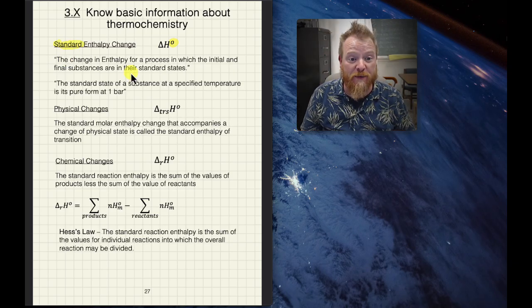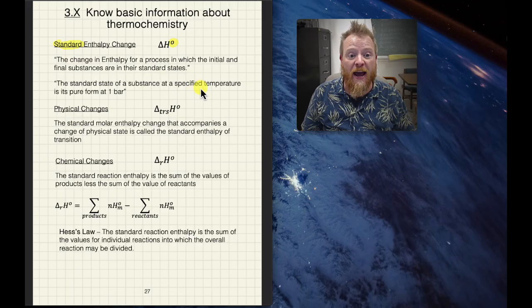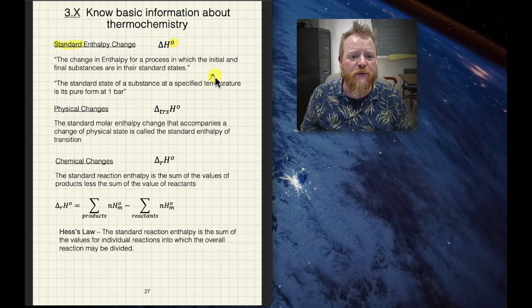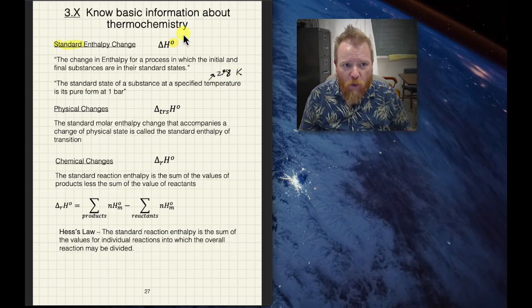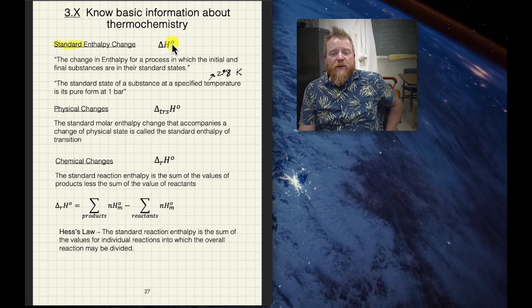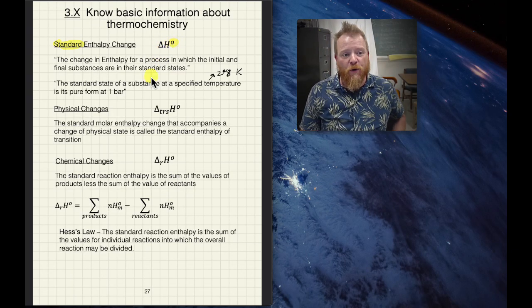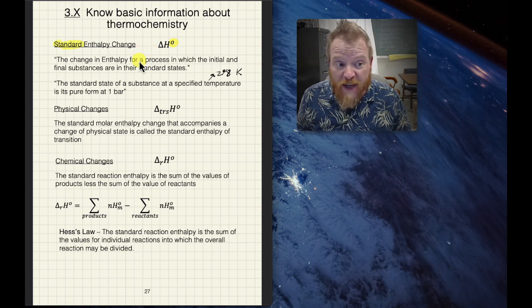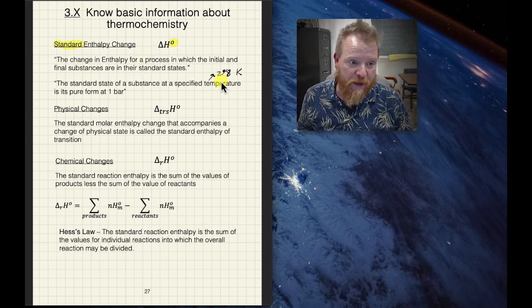The standard state of a substance is given at a specified temperature in its pure form at 1 bar, and typically that specified temperature will be 298 K. So oftentimes when we see this delta H with the little 0, we're referring to whatever its pure form is at 1 bar and typically room temperature.